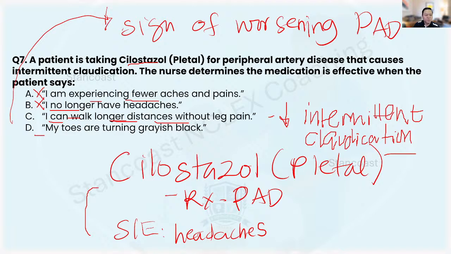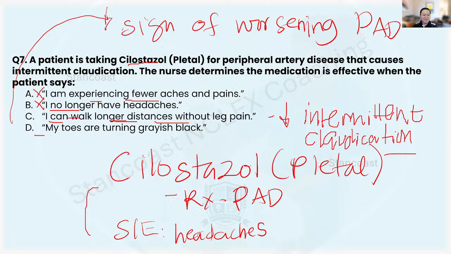It simply means that the medication probably was not taken by the patient. If this is in a home setting, probably they're just going to say, yeah, I've been taking my medication every day, but looking at their extremities, it's saying otherwise. Maybe they're not compliant with the medication regimen. So again, our best answer here is the patient's response saying that they have less pain in the leg when they are ambulating. All right.